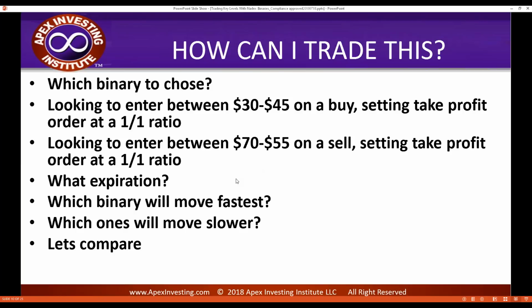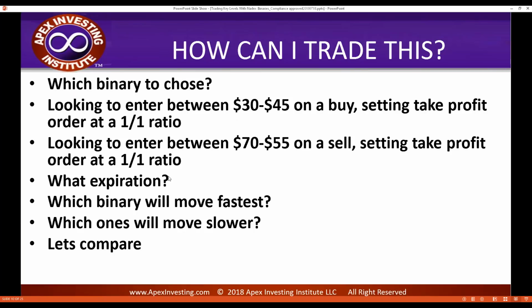One of my favorite ways to trade it is with out of the money binaries, where I'm seeing a target like that, and I'm getting in around, say, $30 risk, and then I'm doing a 1-to-1 risk reward ratio, meaning I'm buying for 30, and as the market's shooting down and that value gets up to about 60, so I've doubled my money, then I want to get out. I'm not holding them all the way to expiration.